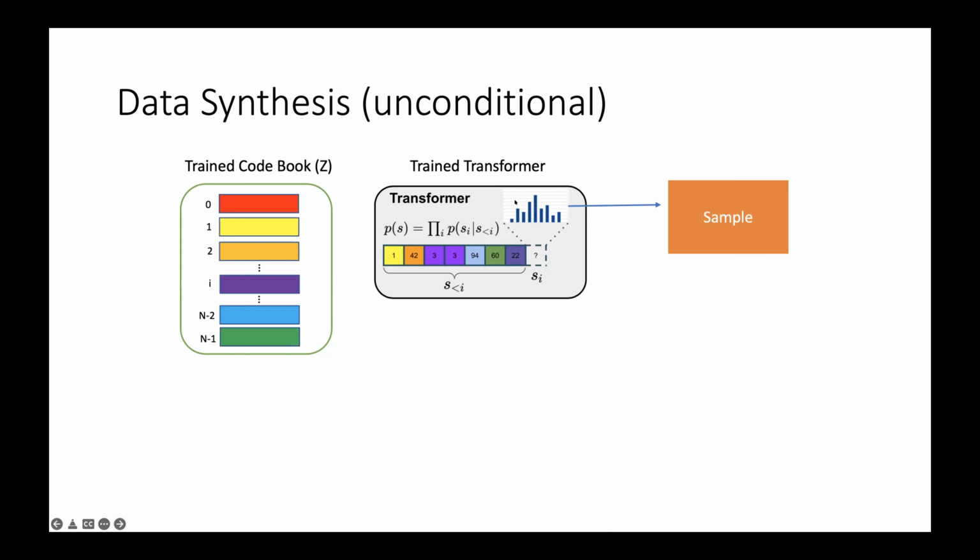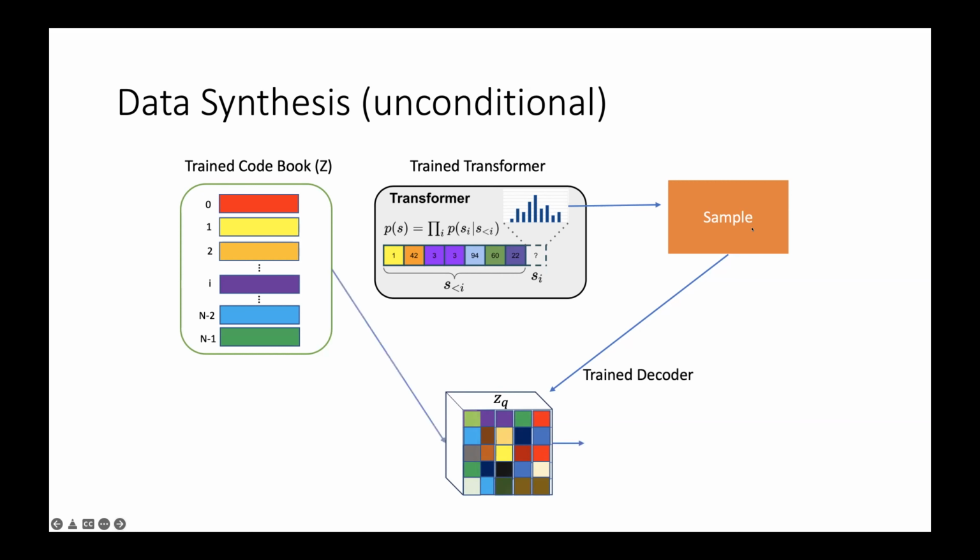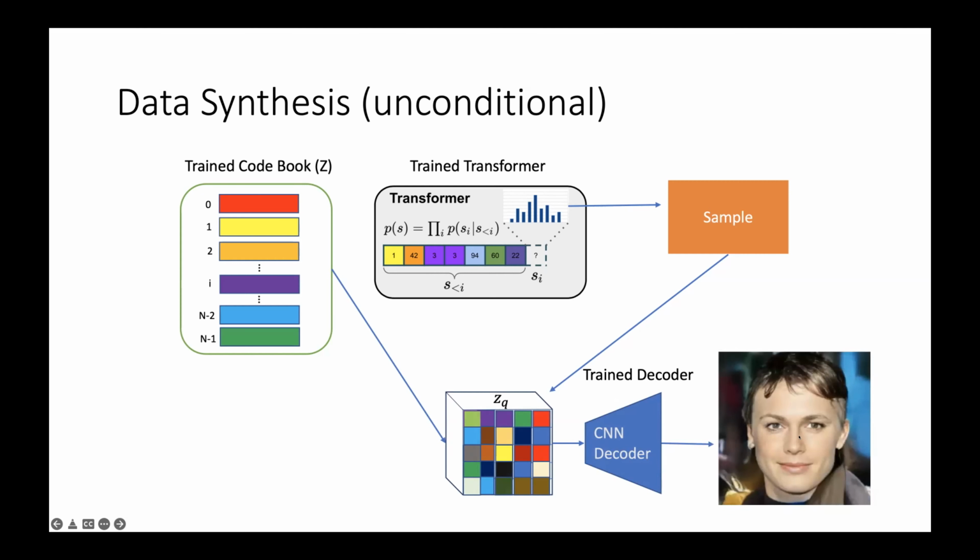The transformer gives us a distribution for each step, we sample from this distribution, and we get the ZQ from the trained codebook using the sequence that the sampling gives us. We feed it to the CNN decoder, and this gives us a new image. I will let Kasun go on.